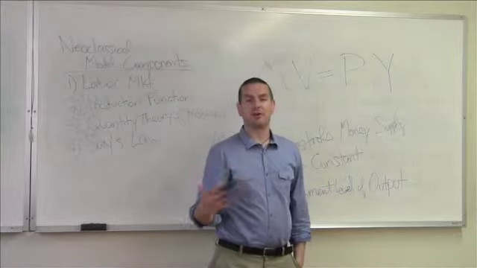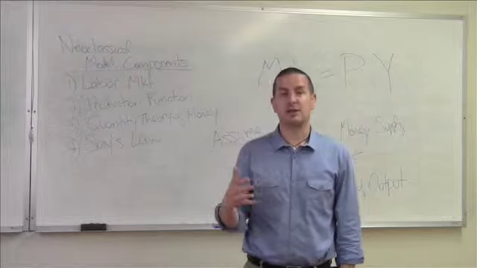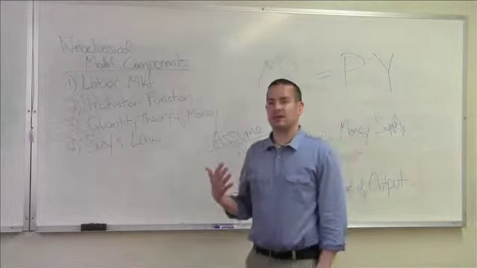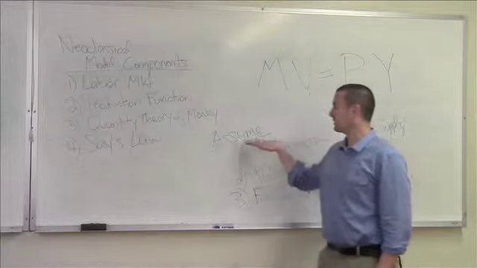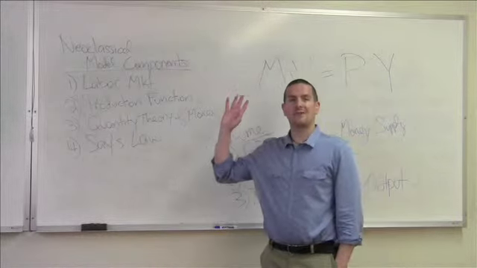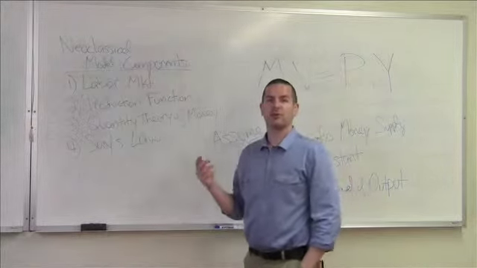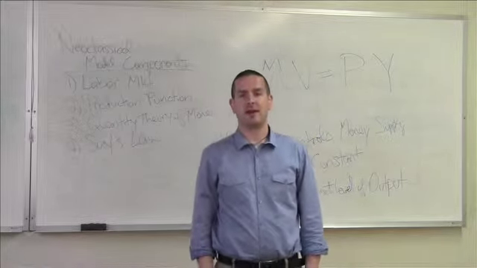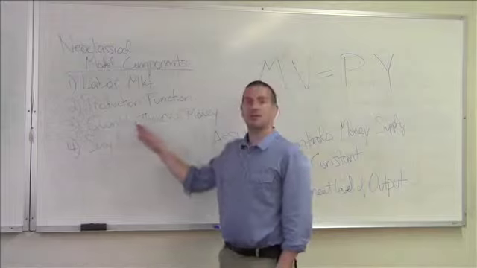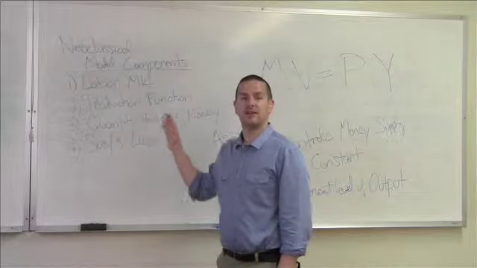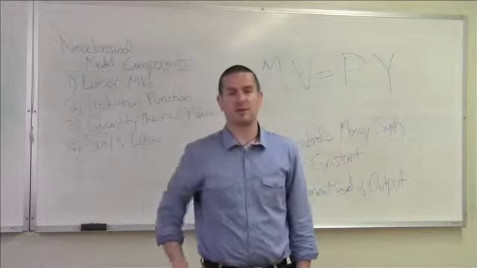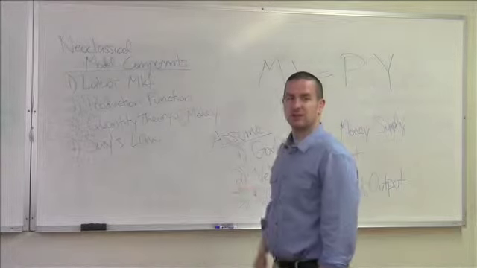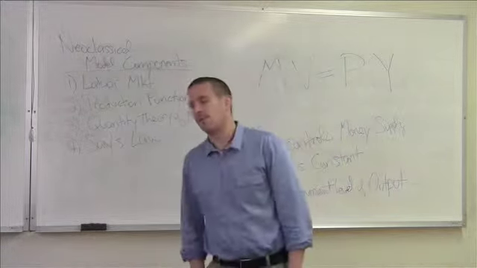What I disagree with, and non-neoclassical economists would disagree with this, is the assumptions and causality that were introduced into the quantity theory of money. You can almost consider this Milton Friedman's quantity theory of money. He's the one who came up with this idea most recently.